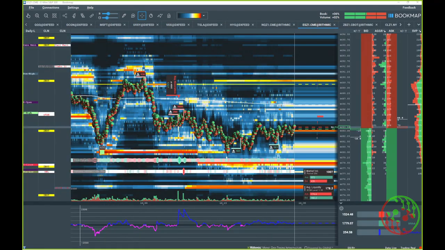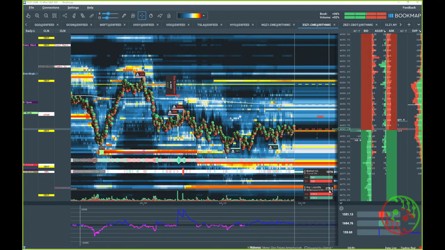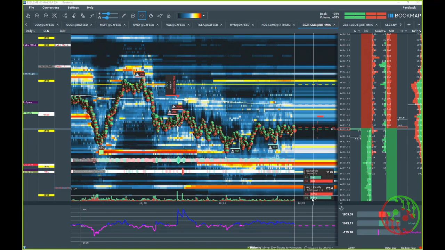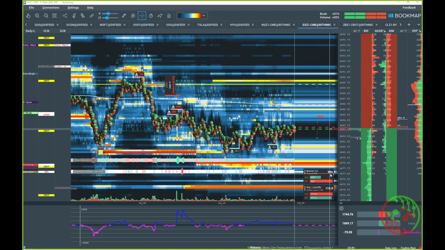That's the same principle. But when you see this picture, now you see 1,000 here, and we have on every side, on the resting limit side, 170. That means there's some power, there's some energy in the market. They want to trade at those levels.